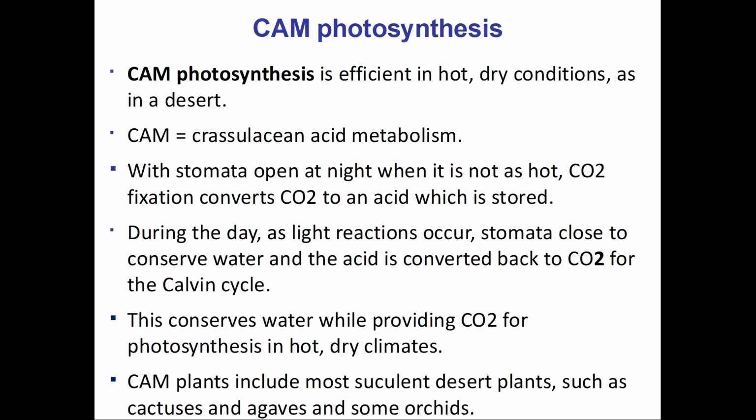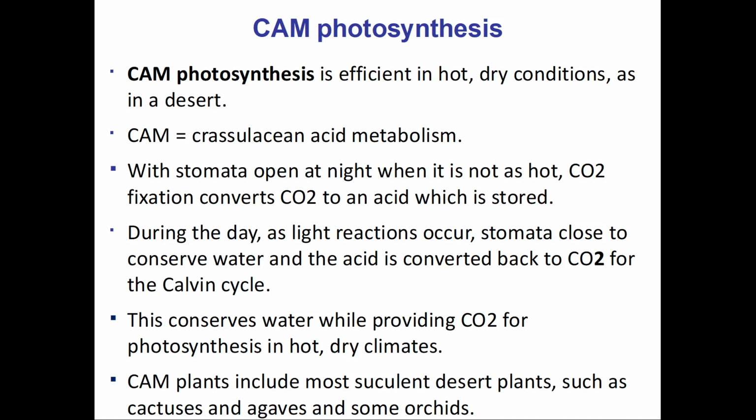In this case, stomata are allowed to open at night, when we have low temperature. It allows the plant to bring in CO2 and expel oxygen. So during the night, it's bringing in the CO2 and fixing it into an acid, and it stores that acid so that during the day, when there's light, they can close their stomata and prevent water from leaving the plant, because it is a desert.